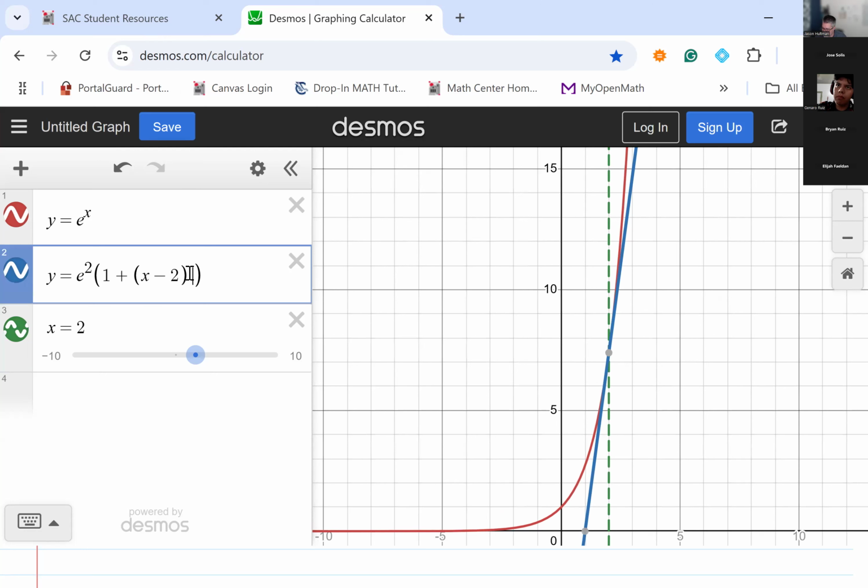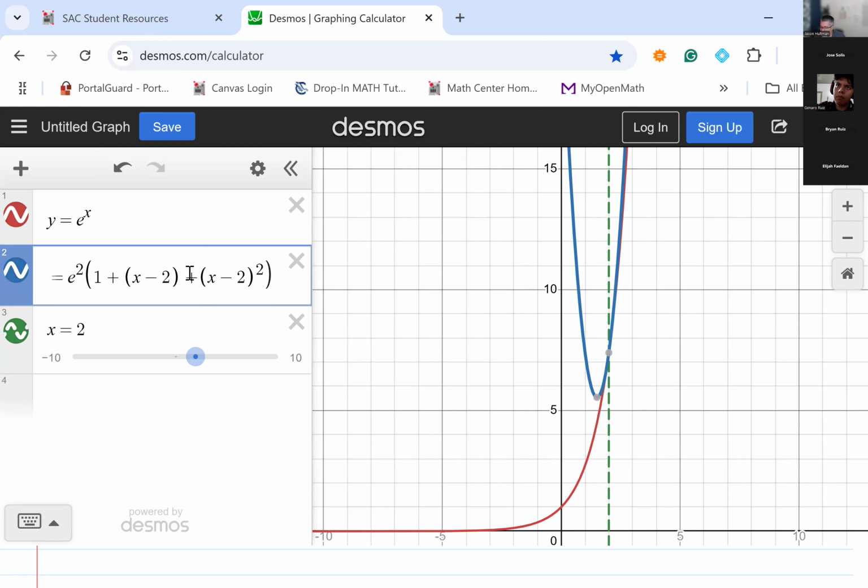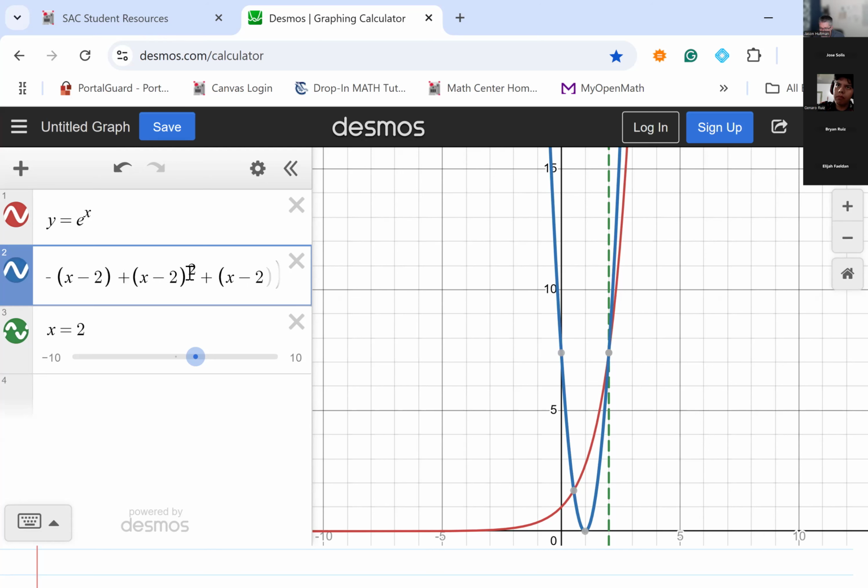What should the next term be? Plus x minus 2 squared, exactly, raised to the second power. Ooh, look at that. So now what is this? This is a parabola. Do you see how the blue line and the red line are hugged very tightly? They're almost indistinguishable around x equals 2. Very cool. Now let's add the next one, x minus 2 to the third.